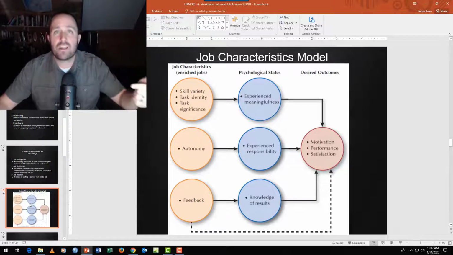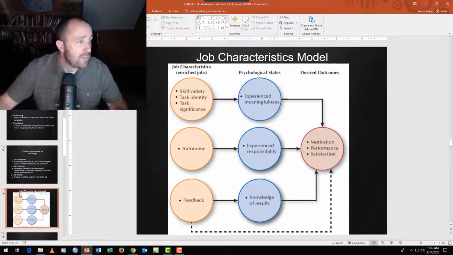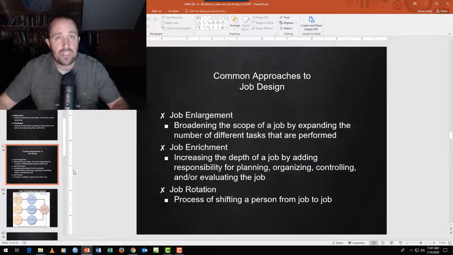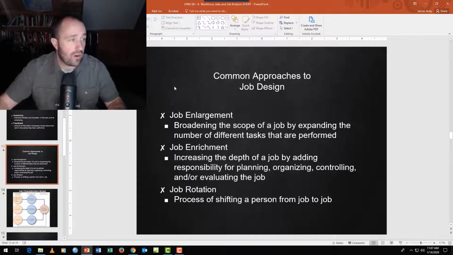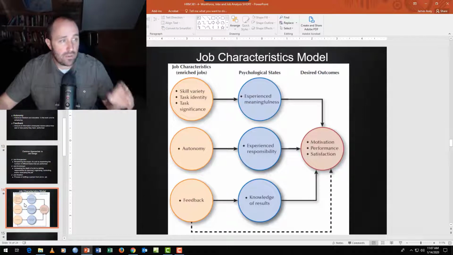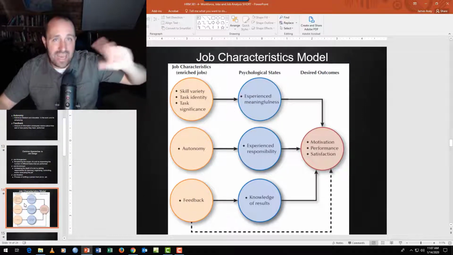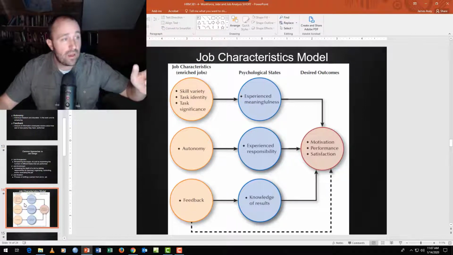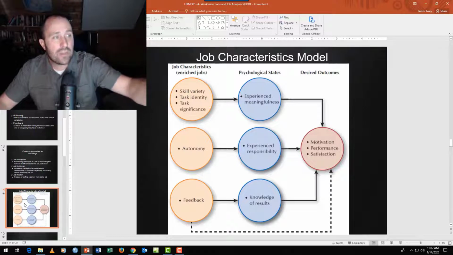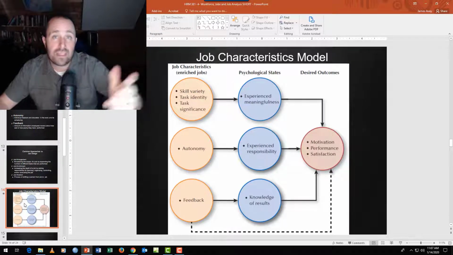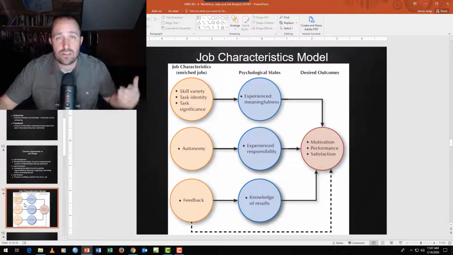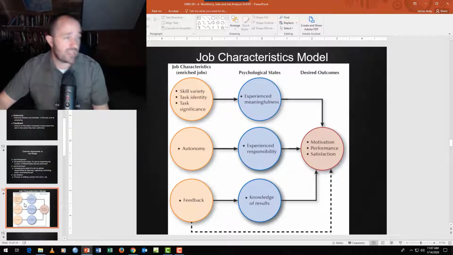In other words, it should tell managers what to actually do. So there's basically 3 main prescriptions from this particular theory. Again, the concept that we're looking at is how do we design a job, or change or redesign a job, to increase these 5 things so we get the benefit of that as managers, also as employees, and as the organization as a whole.